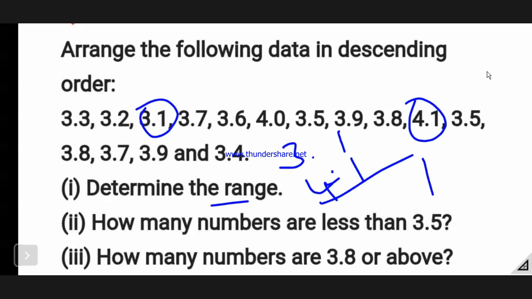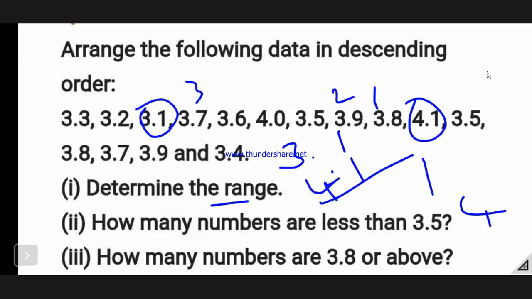How many numbers are less than 3.5? 4, ma'am. 4 numbers are less than 3.5. How many numbers are 3.8 or above? 6, ma'am. 1, 2, 3.